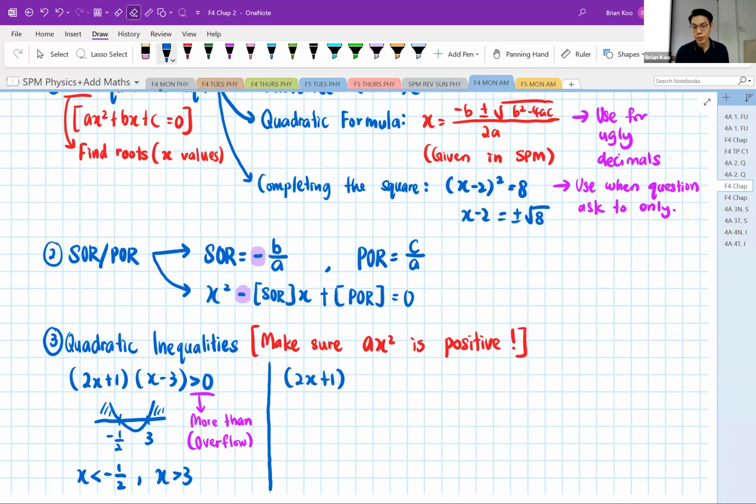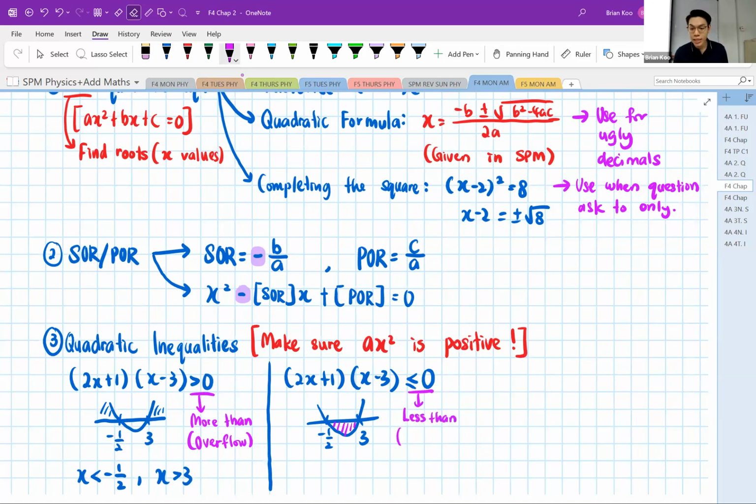Okay, the next one I will do the same thing, but this time I put smaller or equals to. This one is a less than sign. Less than never overflow.